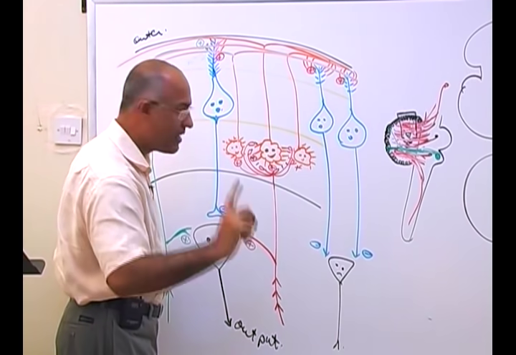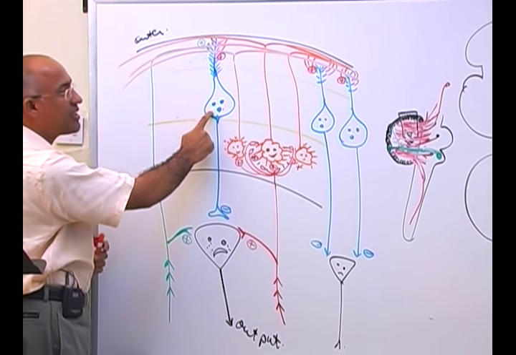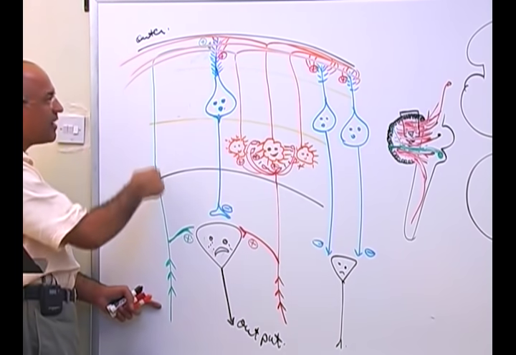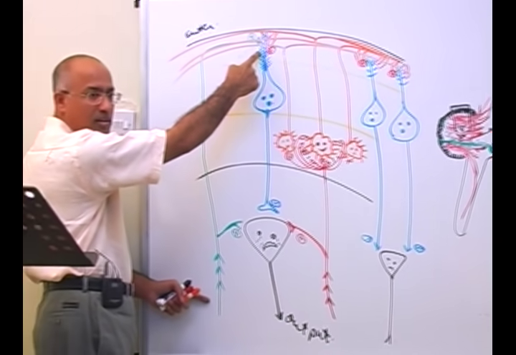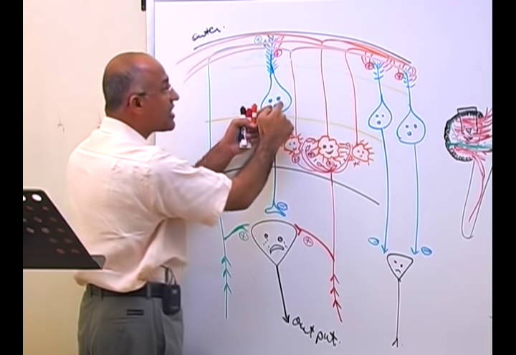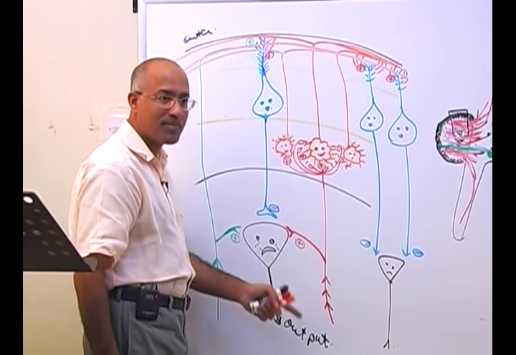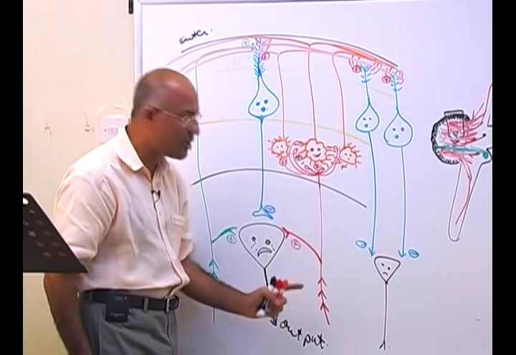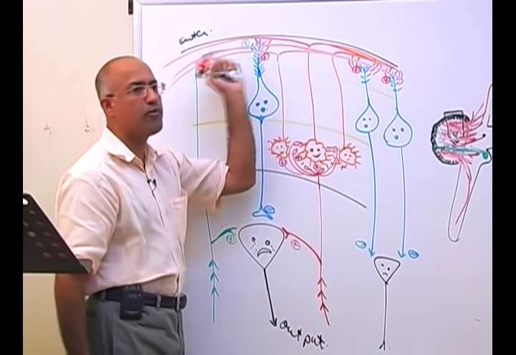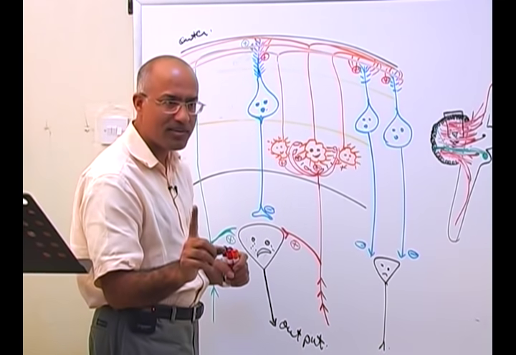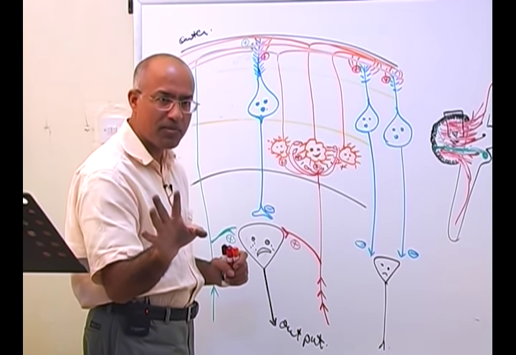So we can say that Purkinje cells are stimulated directly by the climbing fibers, and Purkinje cells are stimulated indirectly and diffusely by the mossy, granular, parallel fiber system. Is that right? Any problem here?